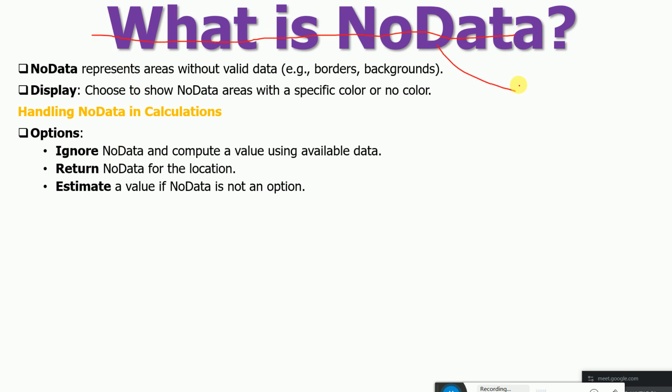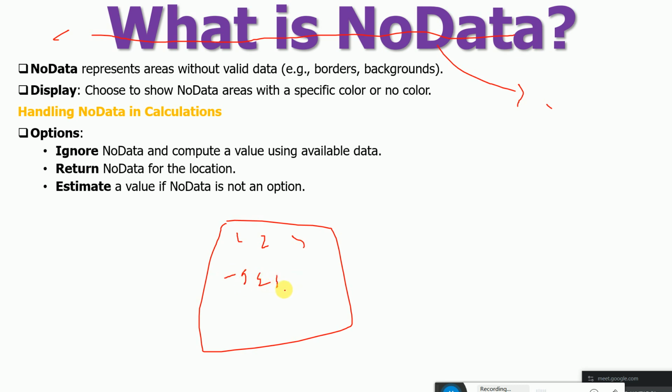These are your data pixel values, but in the background it is white. There is no meaning to this. Nothing is there. But when you convert it to data, it will show 1, 2, 3, 4, and it will show minus 999 for your background value. There is no meaning for this. That is called no data.